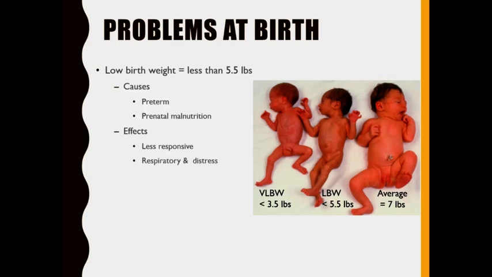More likely in the prenatal period and through infancy to have respiratory and cardiovascular distress. So they're more likely to have heart problems, more likely to have breathing problems. As they are growing and developing, they may be behind the normal motor development charts, milestones.